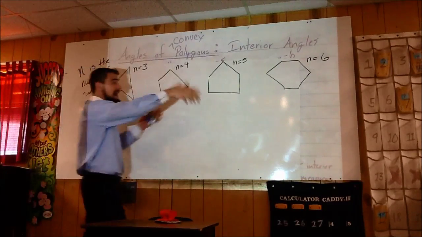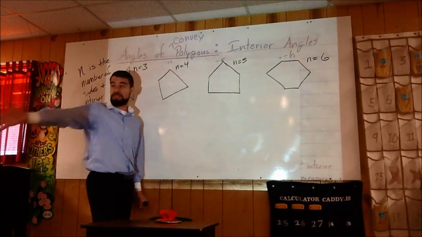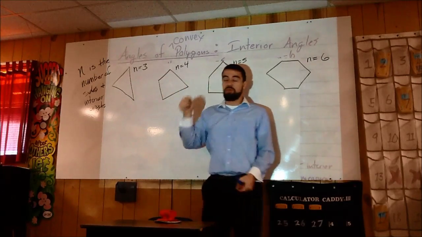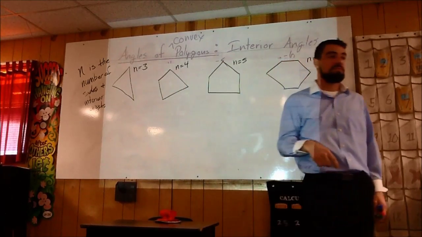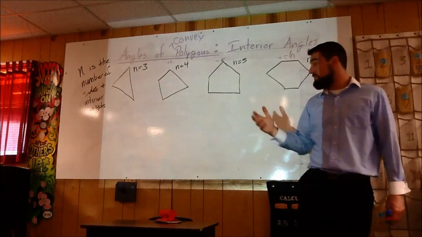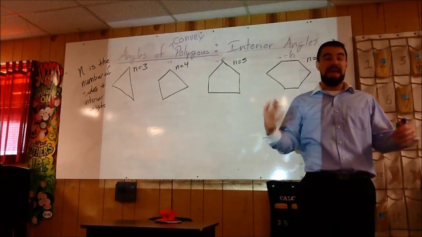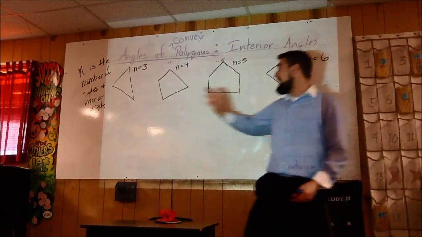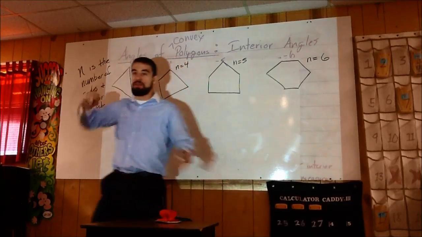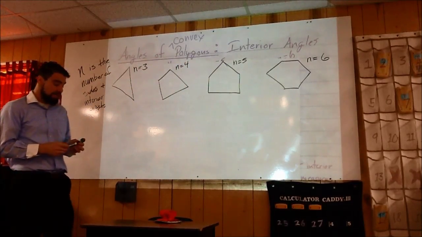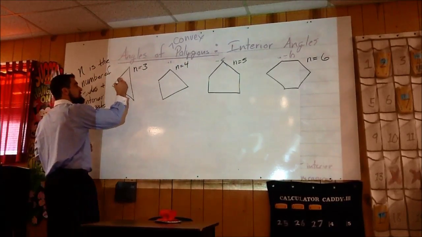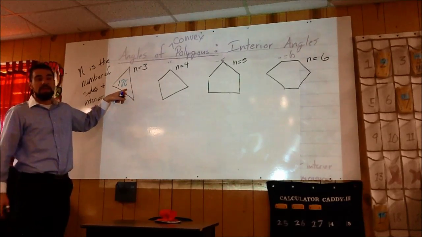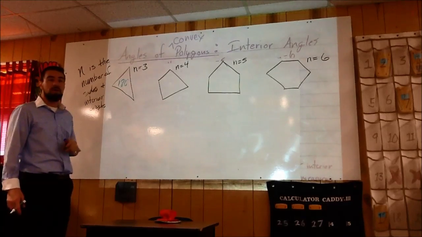Obviously, I drew these randomly, and yours are different, so we don't know what these individual angle measurements are. The only way to find that out is if I bring a protractor up here and actually measure them. But we can find what the sum is. If I add up all 3 of these interior angles, what should I get? I should get 180 degrees, because we've already learned that. We've proved that the 3 interior angles of any triangle add up to be 180 degrees.